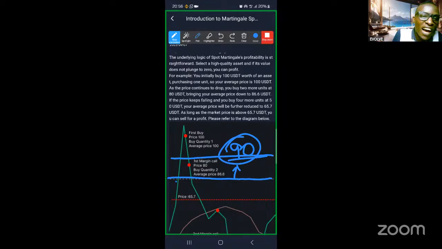I asked him, sir, you should take me to that place where you went. Where do you get the confidence to put your money in the market like this? You should take me there where you get the confidence.